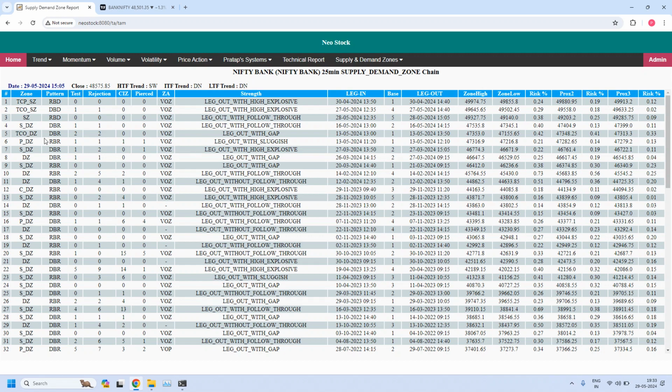Here in 25 minutes, are any high liquidity zones created today? Today is the 28th, only a normal supply zone is created. What you can do is draw these zones on your charts if required. I am drawing only high liquidity zones. Because I am showing you this result, you can pause the video and draw them on your charts.